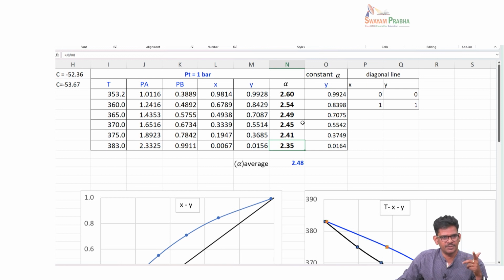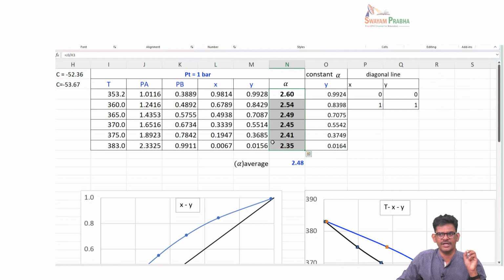PA is the vapor pressure of A, which depends very strongly on temperature. PB is the vapor pressure of B, which also depends strongly on temperature. But when you take the ratio, that ratio will not be very significantly affected by the temperature change. So even though the temperature is going from 353 to 383, the alpha value only marginally decreases.